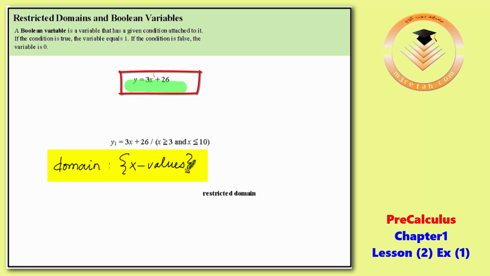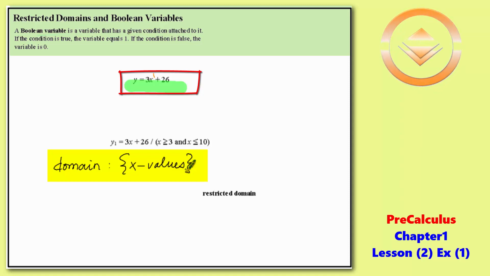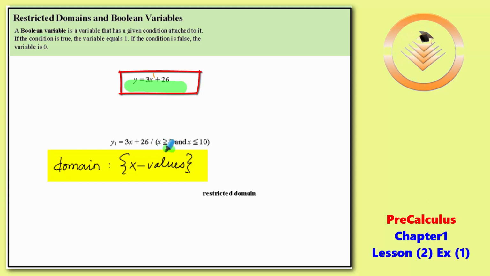Now in this example, in our linear function 3x plus 26, we define a certain restriction for the domain, for the x. Our restriction is x is greater than or equal to 3, but x is less than or equal to 10.